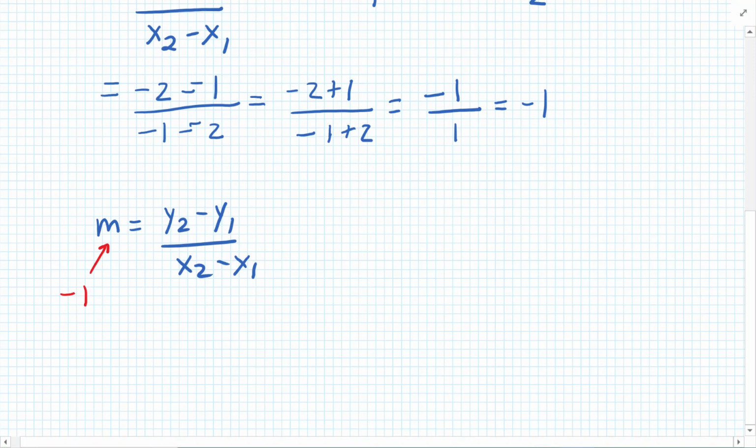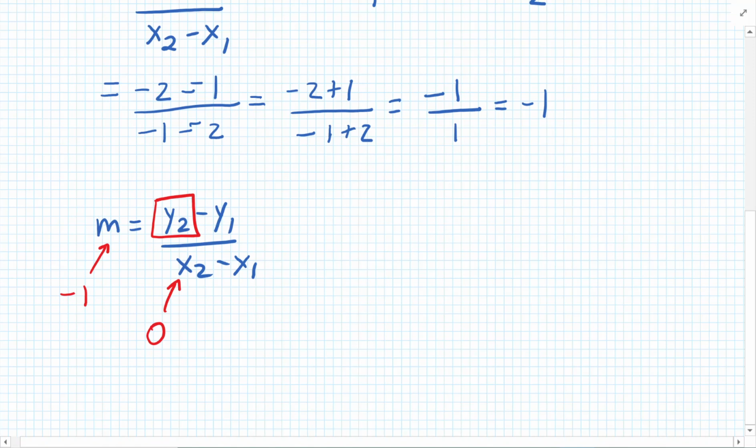We're going to box in our y2 just so we remember that we're going to be solving for this y value. We're then going to be replacing x2 with the value 0.